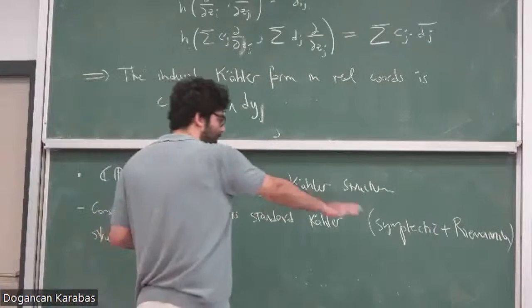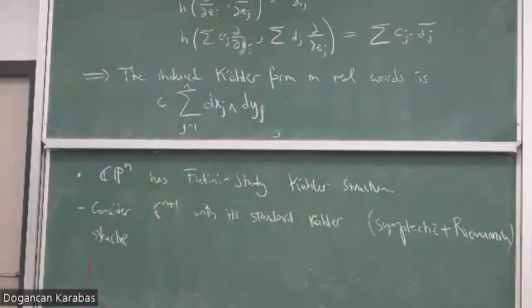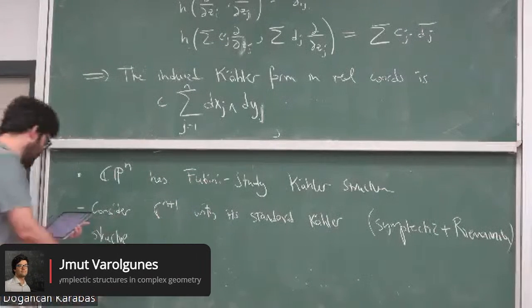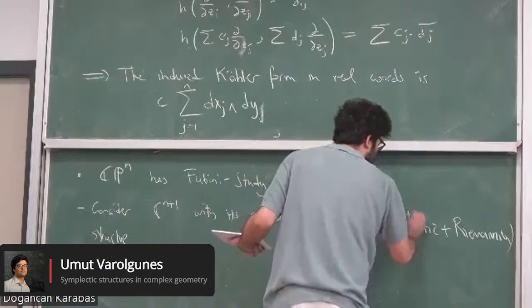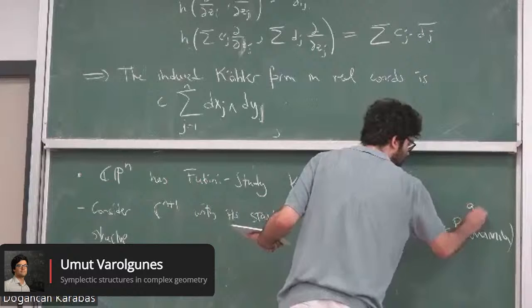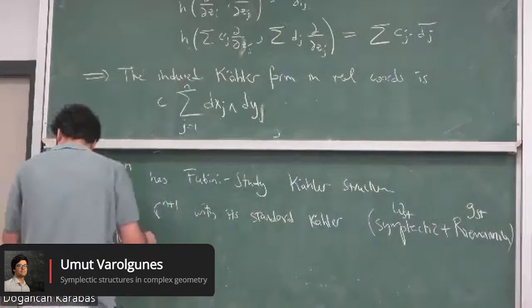That's the standard Riemannian form, and the symplectic form is just what we wrote here. Let's call this one omega standard and this one g standard, in case we need to refer to them.